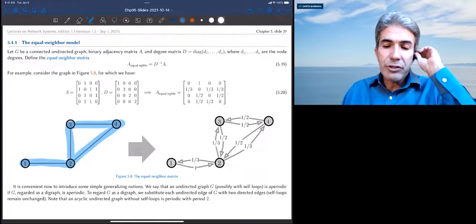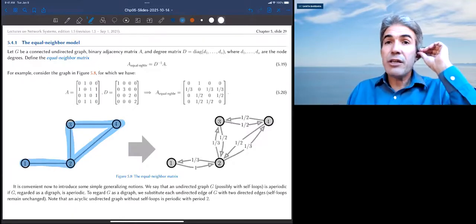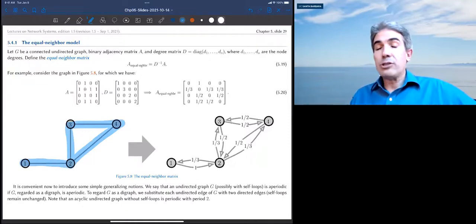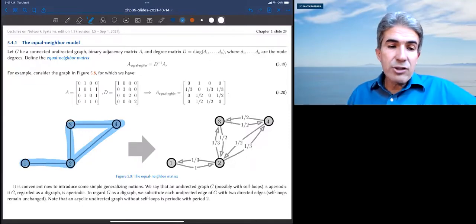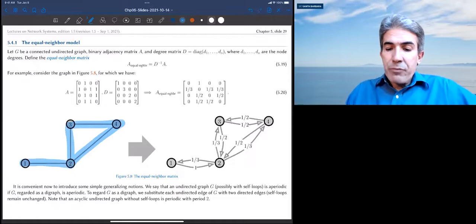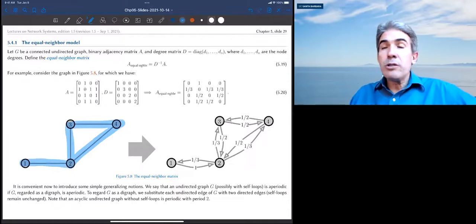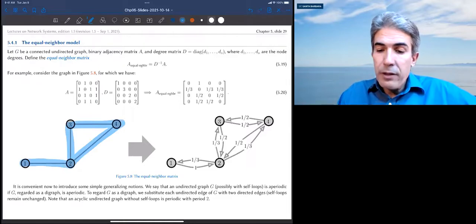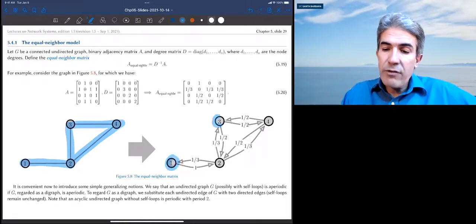In this appendix, in this supplementary information, essentially, there are two strategies. They're very simple. I invite you to read them. I'm not going to discuss them in great detail. I will only say that there is a strategy called the equal neighbor strategy. If you are node 2, your neighbors are 1, 3, and 4.